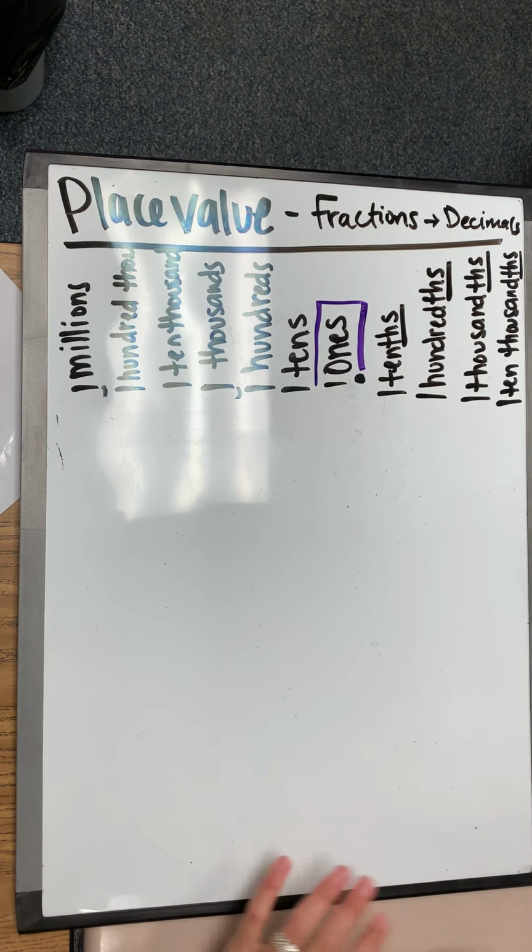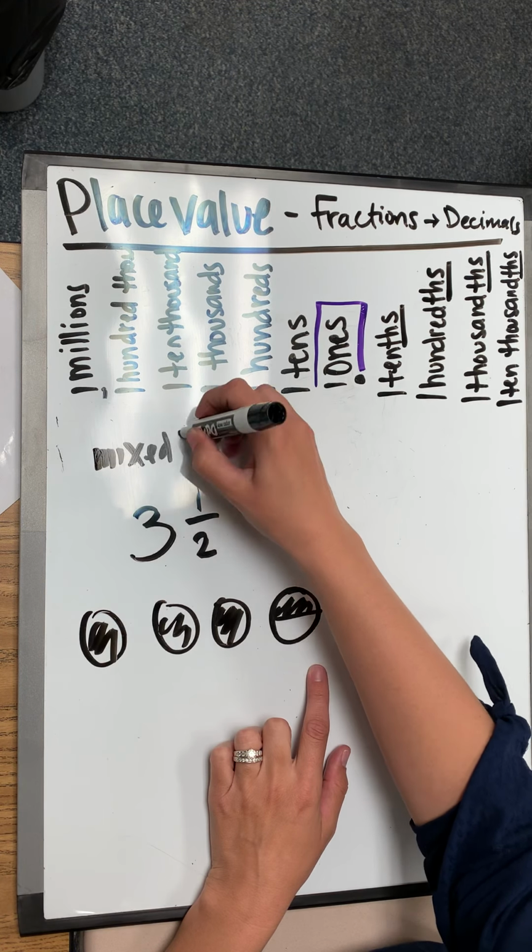But I really want to show you what it's doing. 3 means we have 3 whole of something. I don't care if it's candy bars or pizzas or whatever you like, all right? And then we have half of one. So we only have this. So I am going to shade all of these in. What we want to do is we see that we have 3 1/2. That's what it looks like as a mixed number.